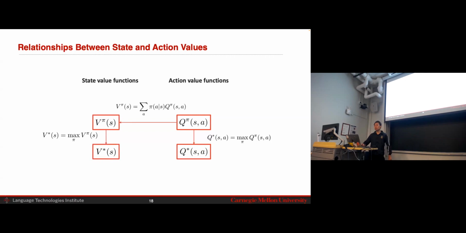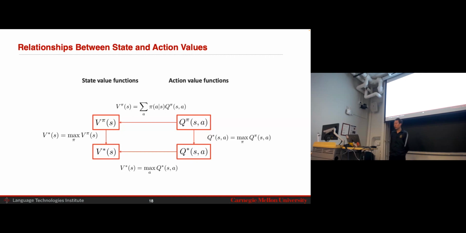You can also convert between action value functions and state value functions, right? Action value functions tell you how good an action is from that state. You take an expectation over the actions with respect to your policy. That gives you a weighted average over all actions, and that gives you how good the state is. And likewise, you can go the other way as well.